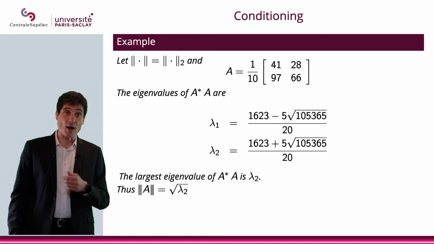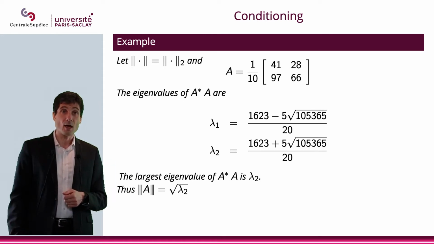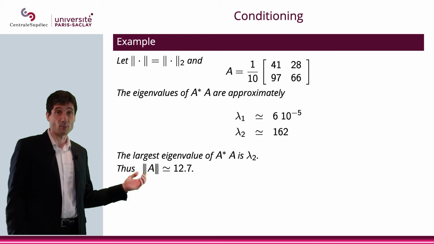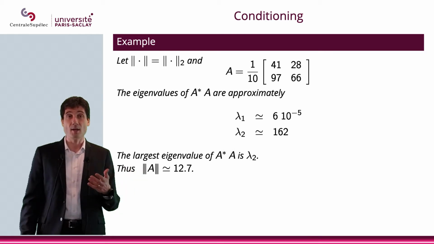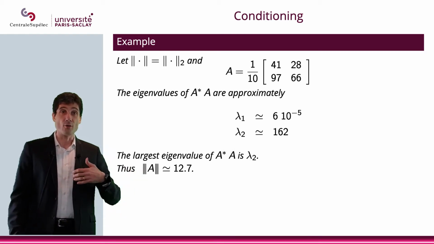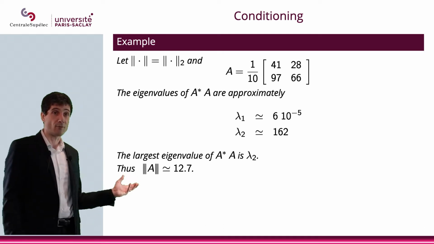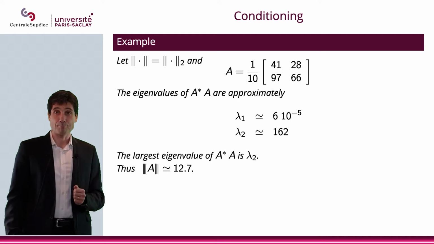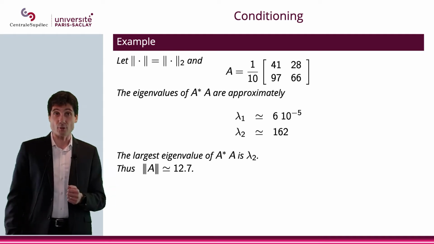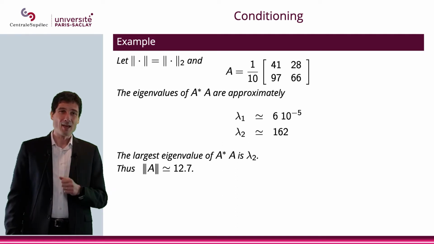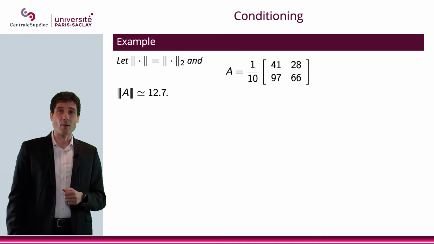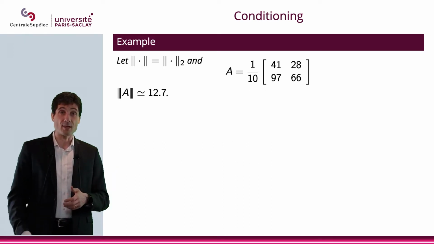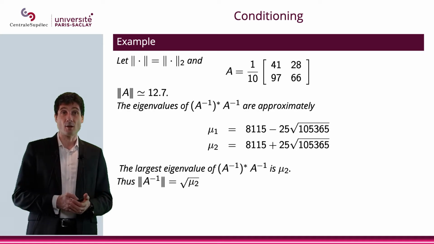Now, of course, I can approximate lambda 1 and lambda 2. Lambda 1 is actually pretty small, and lambda 2 is about 162. So the square root of 162 is, roughly speaking, 12.7. Here is going to be the norm of A, the norm subordinated to norm 2 of R^2. Then I can compute the norm of the inverse.